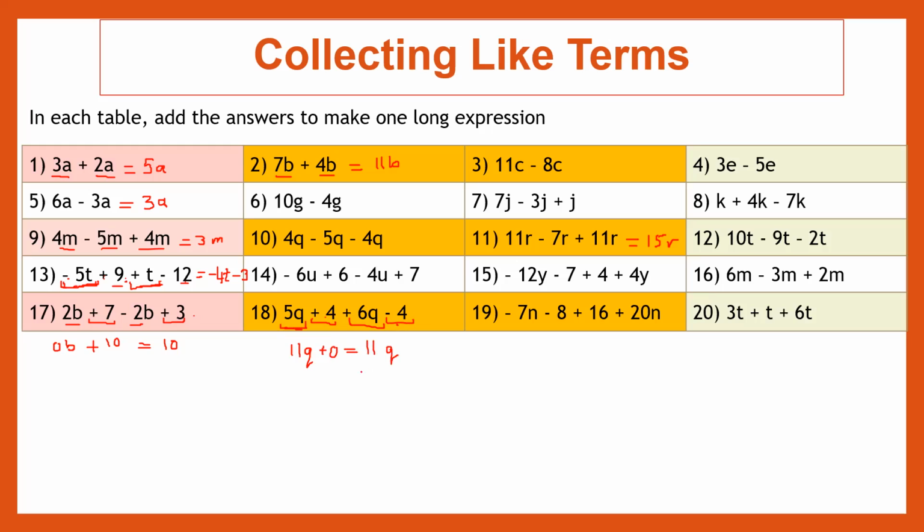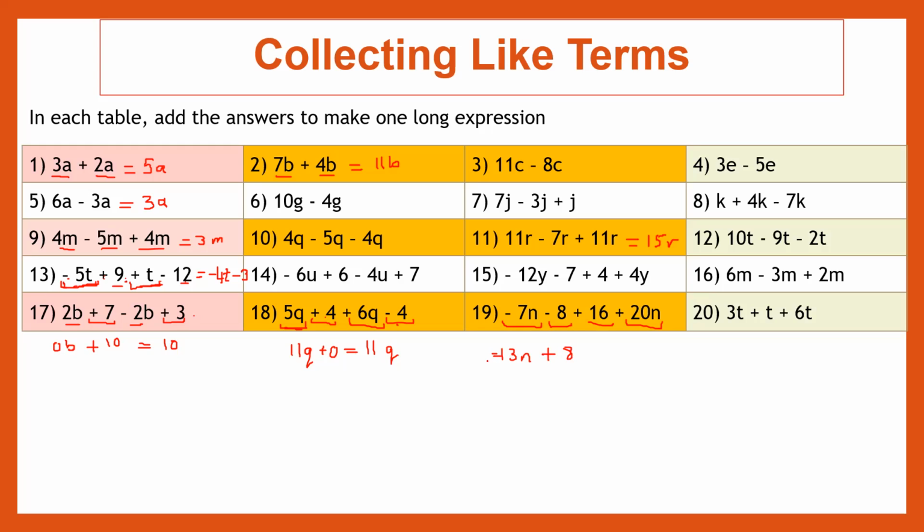So this is 11q. Last one, we have negative 7n and positive 20n. Negative 7 plus positive 20 will give you positive 13n. Negative 8 plus 16 will give you positive 8.